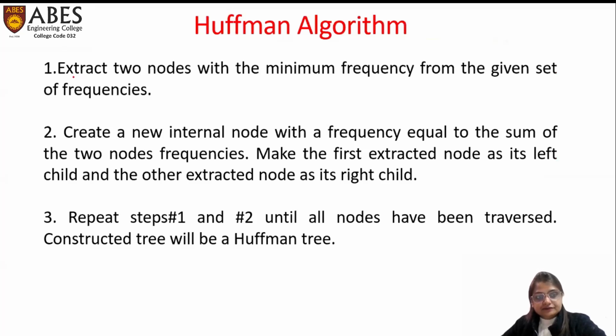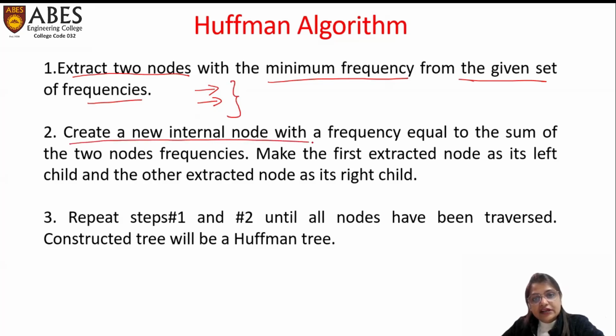First of all, we have to extract the two nodes which have the minimum frequency out of the given set of elements. It means in the first step, we have to find two nodes with the minimum frequency. Then we will create a new internal node with a frequency equal to the sum of the two nodes' frequencies which we extracted in our first step.